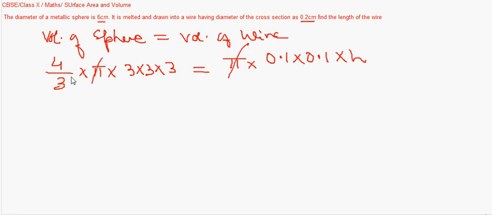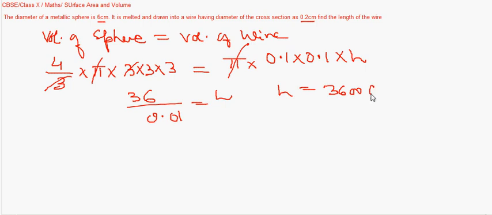This is getting cancelled, so 4 nines are 36. 36 by 0.1 into 0.1, that is 0.01, is the h. So 36 by 0.01 gives you 3600. So the height is 3600 centimeter, or you can write it as 36 meters. Right? We now move on to another question with a cone in it.